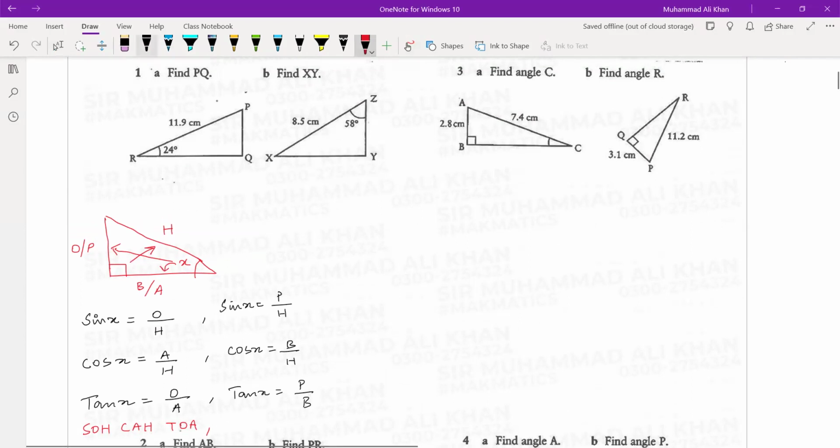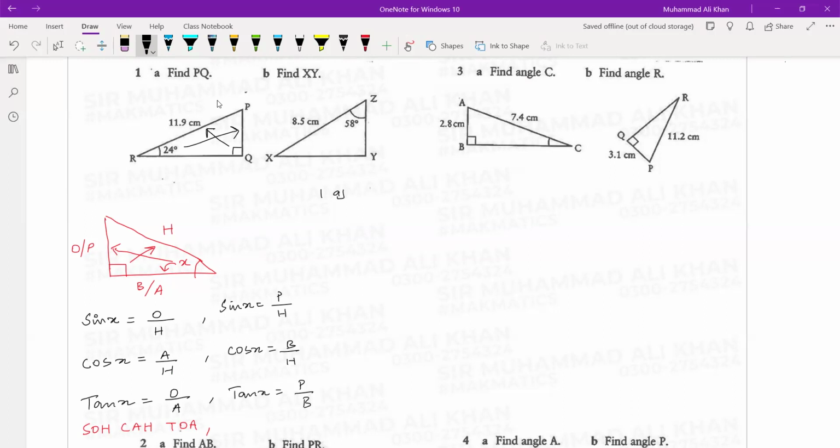Now, let's say question number 1A. In this, we have to calculate the side PQ. Now, side PQ is the opposite side of the angle. And what is the given side? The given side is hypotenuse. So, the ratio of opposite and hypotenuse we have to use in this, right?